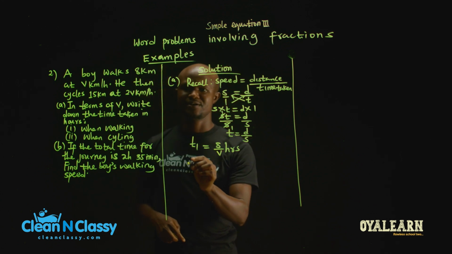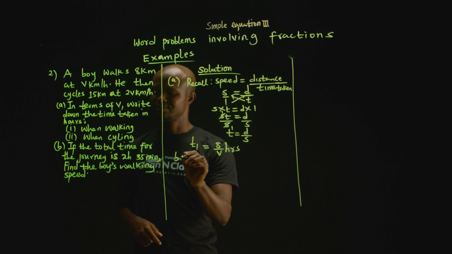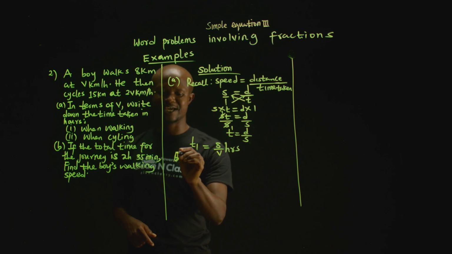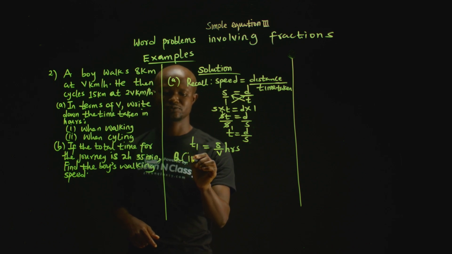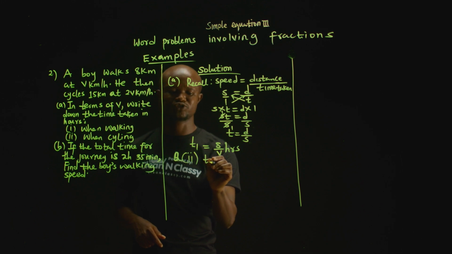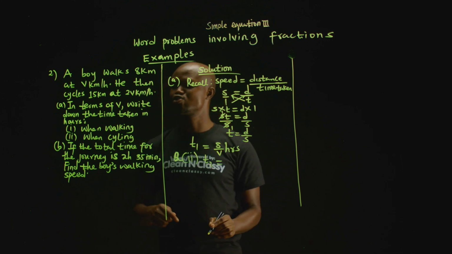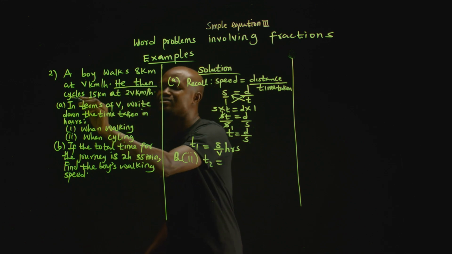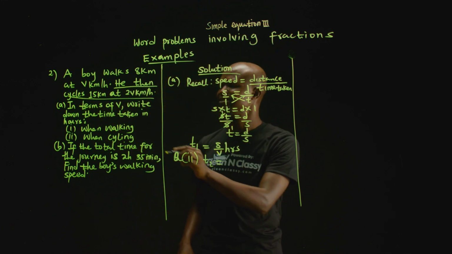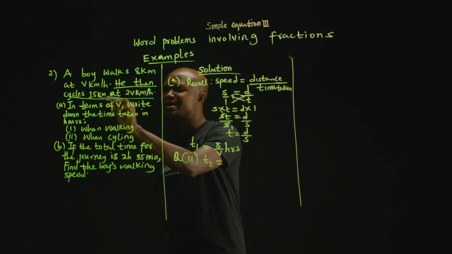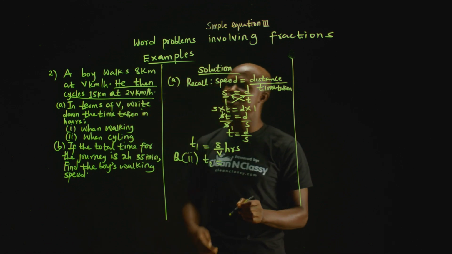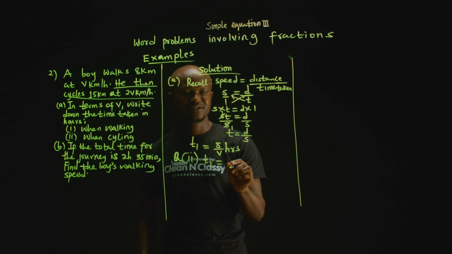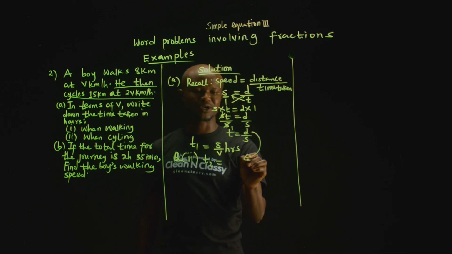Now, for part A Roman figure 2, that is T2, we have the second part. He then cycles, that is when cycling. He cycles 15 kilometers at 2v kilometers per hour. So we go back to this formula.